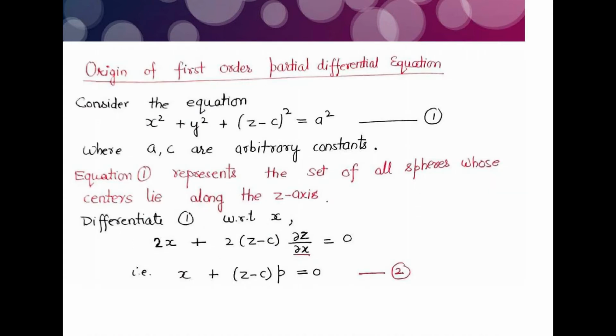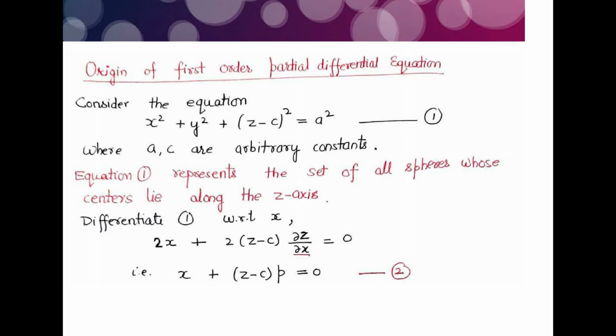Now I will explain origin of first order partial differential equation. For this one, we pick three surfaces as discussed earlier. Sphere with center on z-axis, right? Second one, I will pick equation of the cone, and third one, I will pick the arbitrary function z equal to f of x square plus y square.